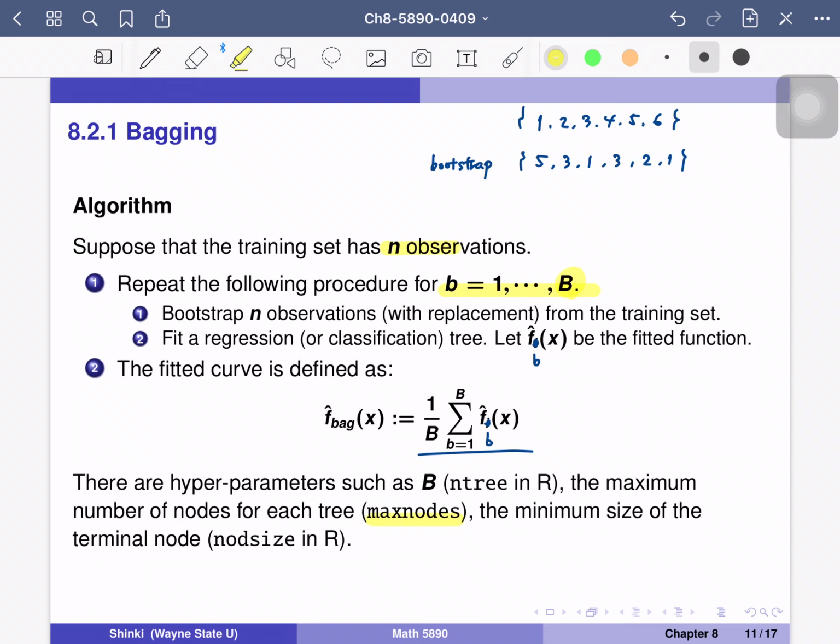If the minimum size is small, then we can get a larger tree. But because of this bootstrapping, these parameters are not as important as the hyperparameters in more basic tree methods.